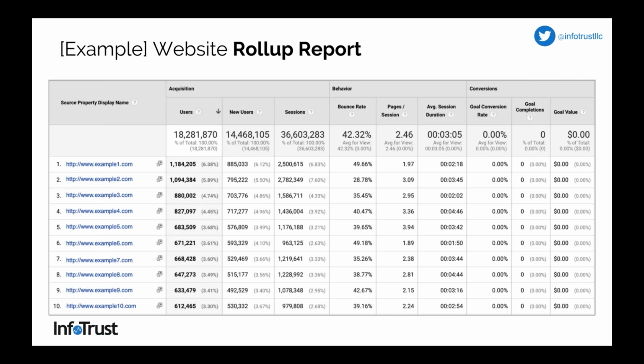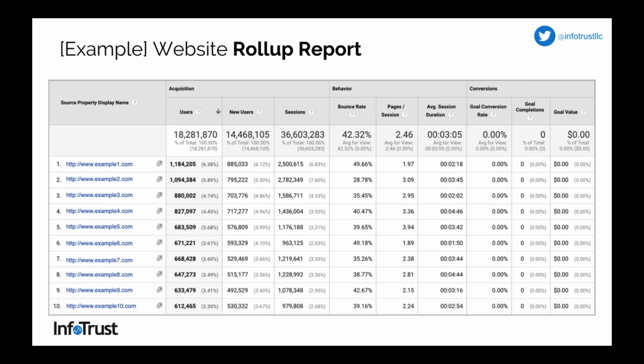And again, if you're using the rollup property tracker that we've described previously, which is the old method where you actually have to add an additional tracker to all of your different websites to roll up, the data is much, much muddier than this. There's no dimension called source property display name in this case if you're doing the previous method.